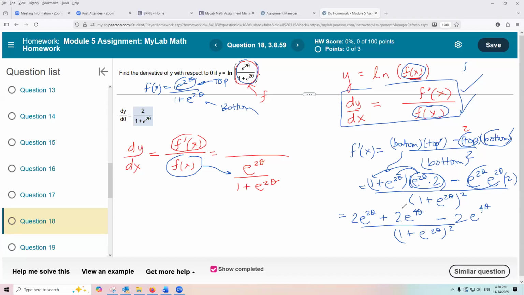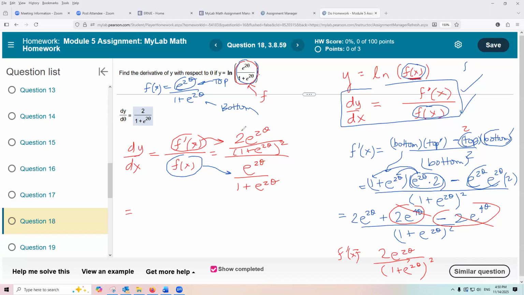It looks like on top I can do some canceling. So I got 2 e to the 4 theta minus 2 e to the 4 theta, cancel those. So I'm left here with 2 e to the 2 theta over 1 plus e to the 2 theta squared. Remember, this is the derivative of what was inside this parenthesis. Well, that belongs on the top of this fraction. So it's going to be 2 e to the 2 theta over 1 plus e to the 2 theta squared.